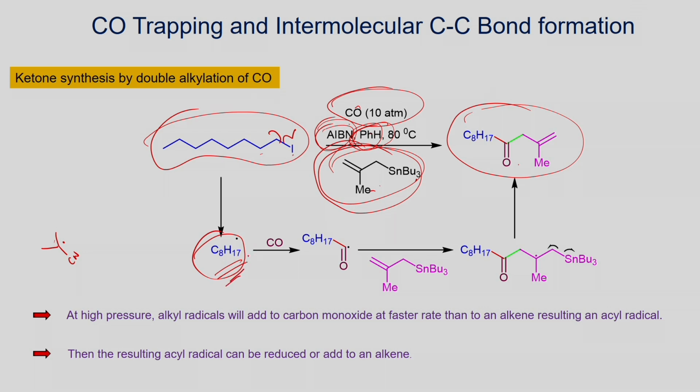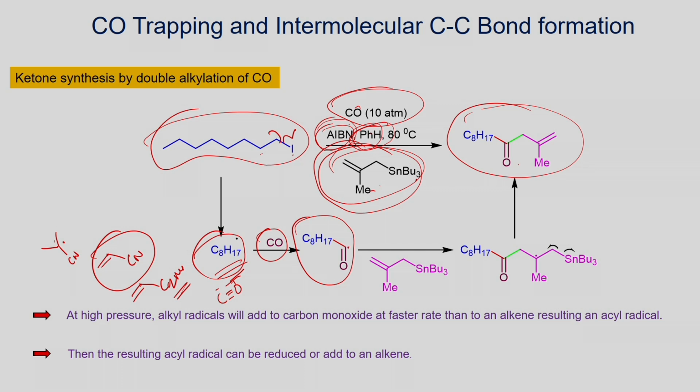Once you form this alkyl radical, this can undergo addition reaction. We have just seen 2 examples. One, we have seen the addition to acrylonitrile, another one is methyl acrylate, and similarly it can undergo reaction with carbon monoxide, and you will be able to form this radical.